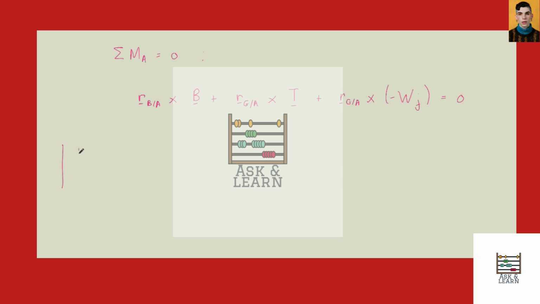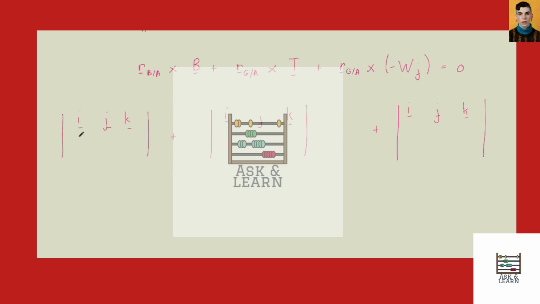So that's I, J, and K, plus the second cross product, again I, J, and K, plus the final cofactor method, I, J, K. So for the first cross product, we have minus 600, 400, 150, and B is purely along the x-axis, so only has a component in the I direction. That's B, 0, 0.